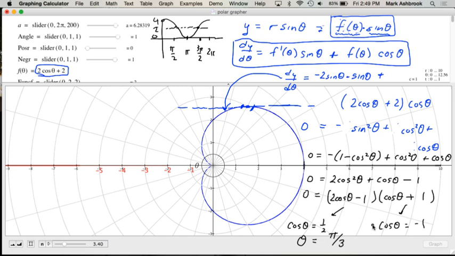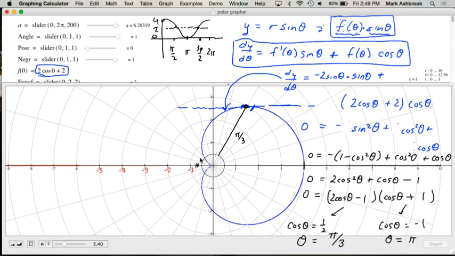Does that look like where we were here? Yeah, it looks like it's right on this radial line here, which we know is pi over 3. It looks like it's hitting it right there. What about negative 1? Cosine is negative 1 when theta equals pi. Does that make sense?